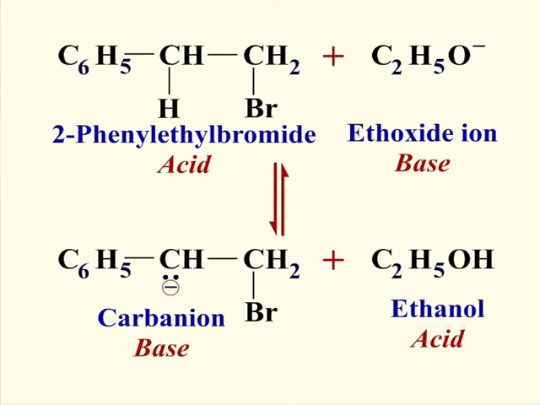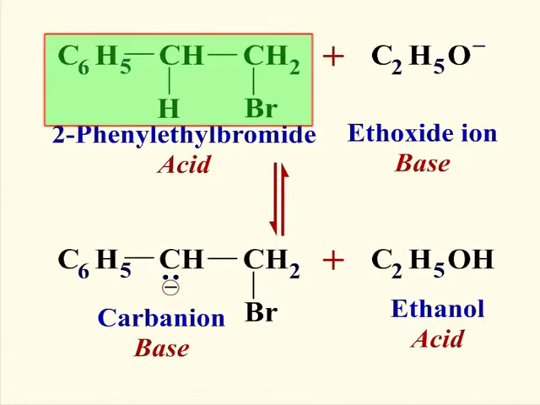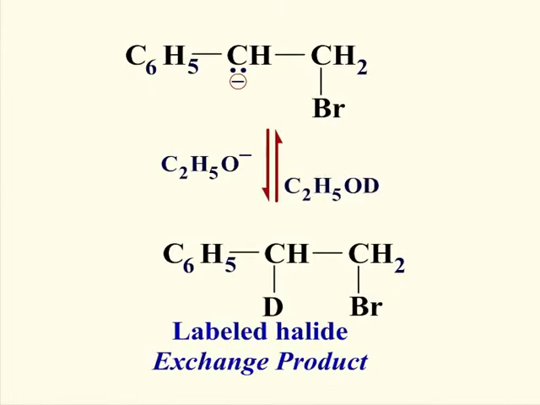Now children, what happened in the actual experiment was that the substrate was ordinary, that is unlabeled, 2-phenyl ethyl bromide, and the solvent was labeled ethanol, that is C2H5OD. Consider what would happen if carbanions were formed reversibly.